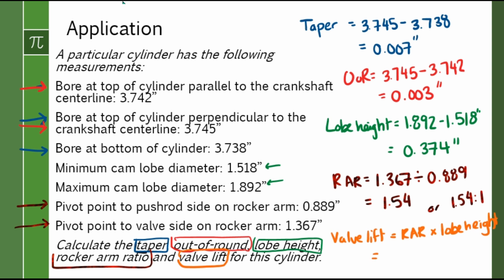So we're going to take that 1.54 and multiply it by the lobe height or lift. And that's going to give us a valve lift of 0.575 inches. There you go. There's all your general engine measurements.